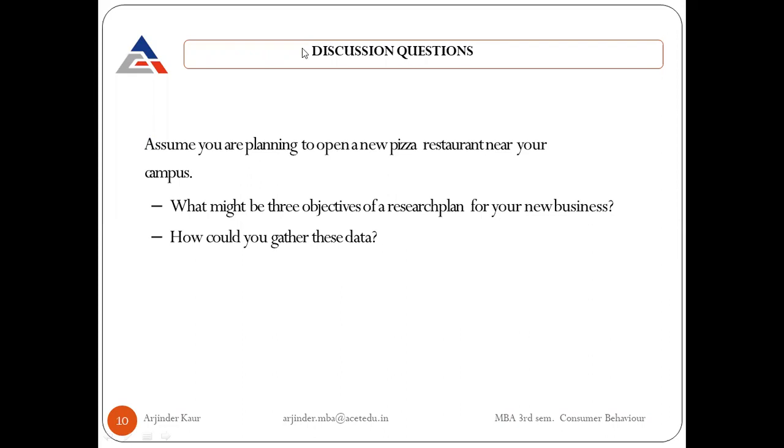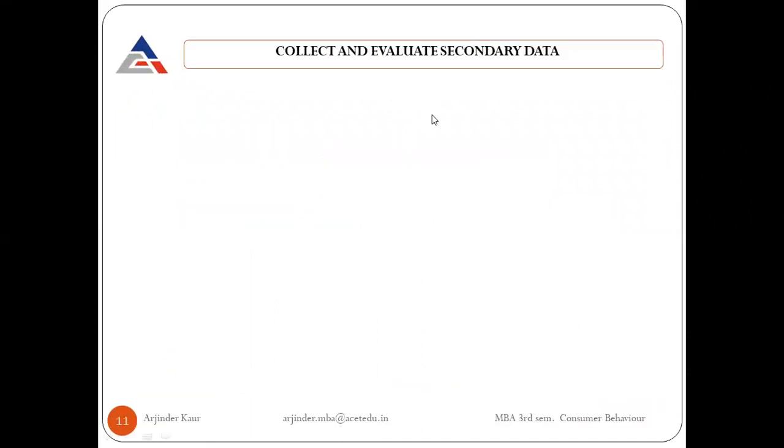So assume that you are going to open a new pizza restaurant outside your campus, and you want to conduct research on whether this venture will be successful or not. Two things you need to think of: first, three objectives for your research plan, and second, how you will go about gathering this data. The research design would depend on the type of objectives you have set.